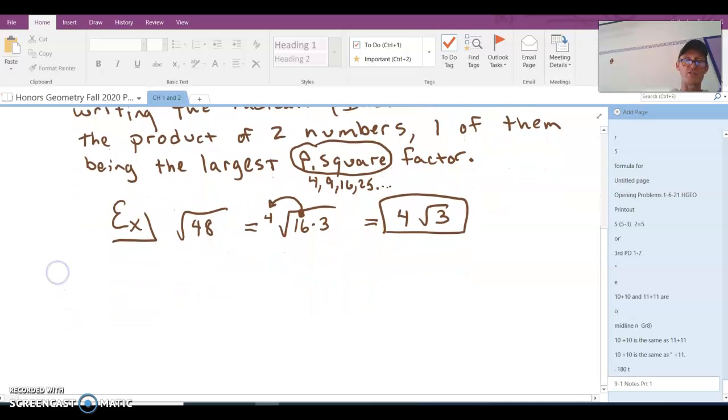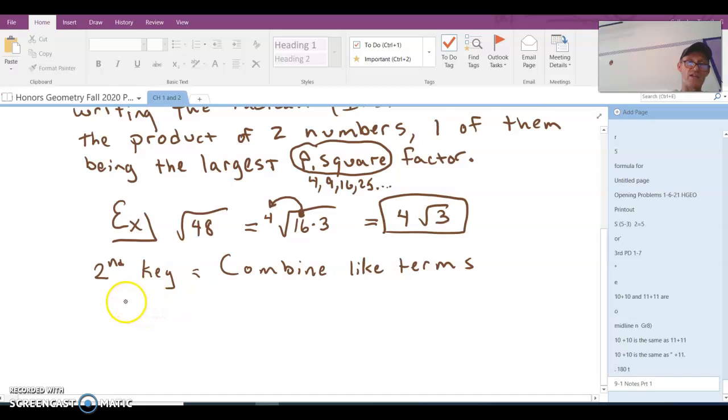The first key. The second key is to combine like terms. And an example of that would be the square root of 18 plus the square root of 32 plus the square root of 75.